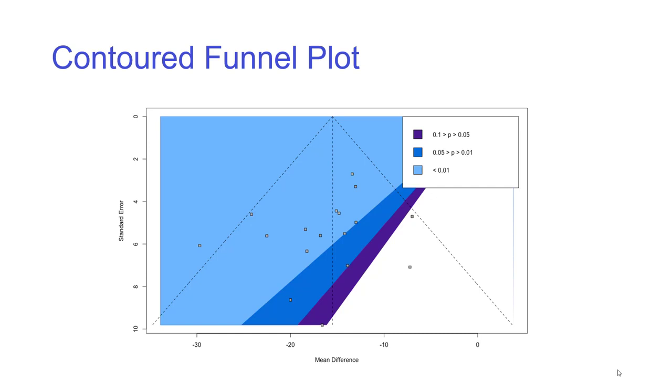In the purple region, you're still not significant, but you're approaching significance, and there's one more study there, which is a particularly small study. Then you've got the darker blue region, where you have significance, but the evidence is not very strong, and then you have the light blue region, where all of that is showing a significant difference, and you've got strong evidence.